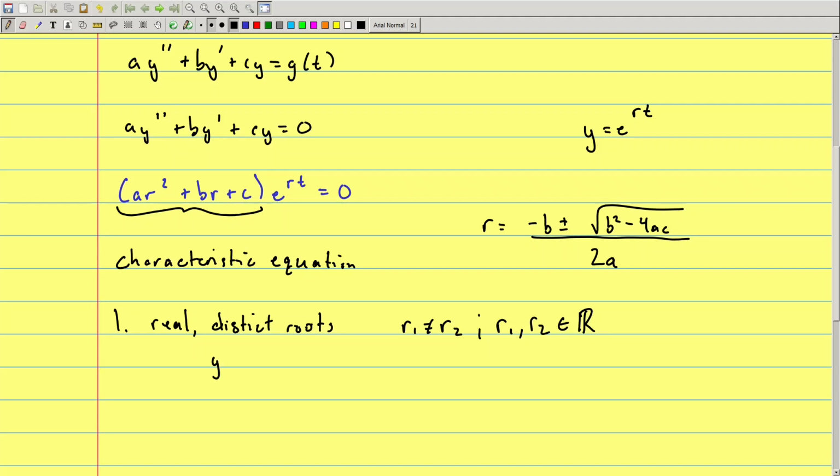This tells us that the solution y of t will be constructed of a linear combination of these two solutions, and it's going to look exactly like this.